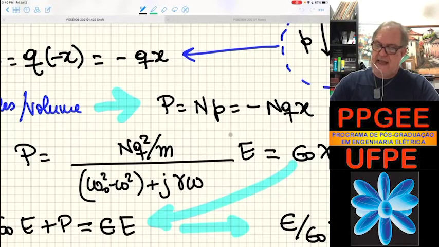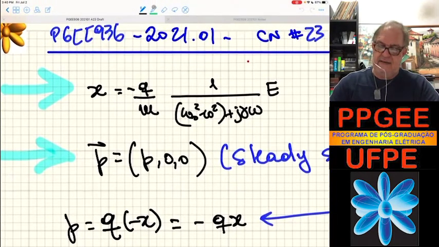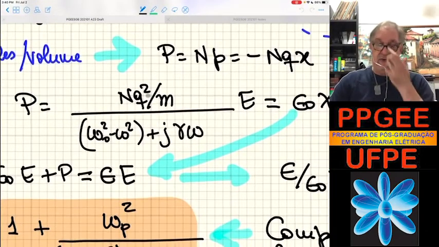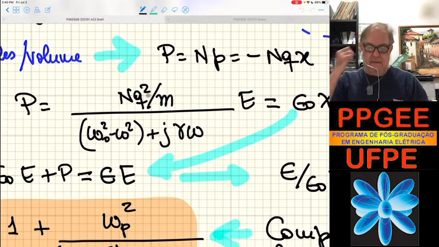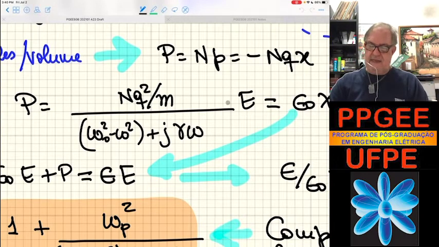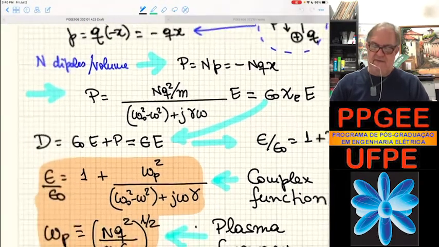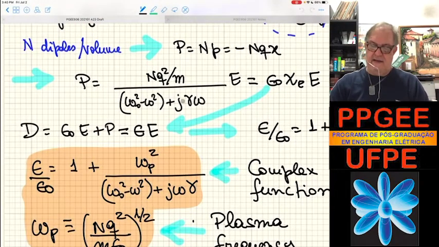If we express x, it's going to be minus N q times minus q, which is plus q squared, N q squared over m times E, which defines the susceptibility, over epsilon 0 E. We have, in the same way, right?